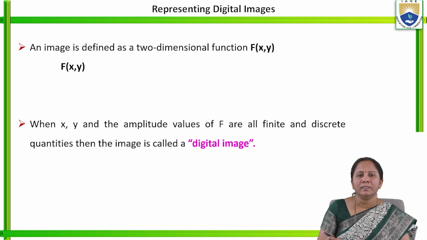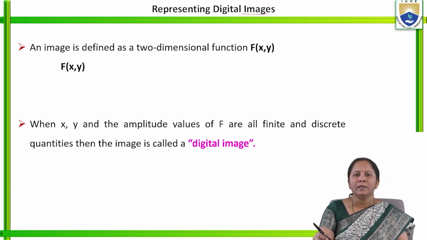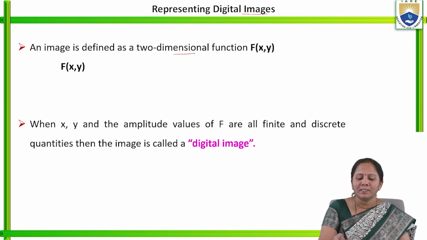So going to the detailed discussion. Before going to the actual topic, one important concept we have to recall, that is the representation of digital images. Here an image is defined as a two-dimensional function. It can be represented as f of x comma y.